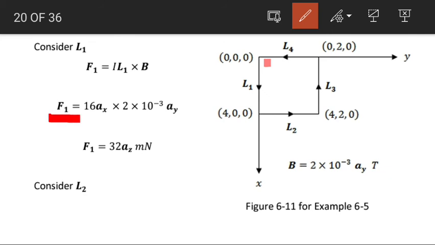So F1 will be equal to 16 AX cross 2 into 10 raised to power minus 3 AY. If we simplify this equation, F1 comes out to be 32 AZ millinewton.